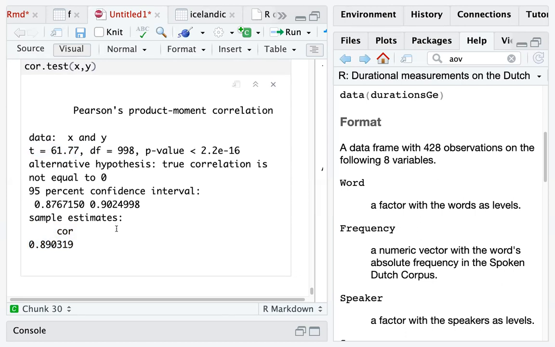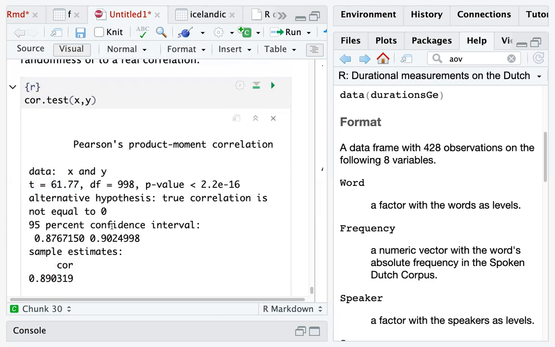This is the test that checks whether or not this Pearson's coefficient is significantly different from zero. And here the alternative hypothesis is true, and in fact the p-value is really, really small. The alternative hypothesis is that the true correlation is not equal to zero. The true correlation is this correlation computed using the distributions that we don't know. It's like an ideal.